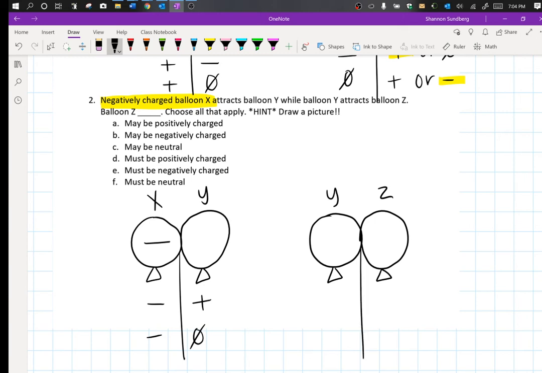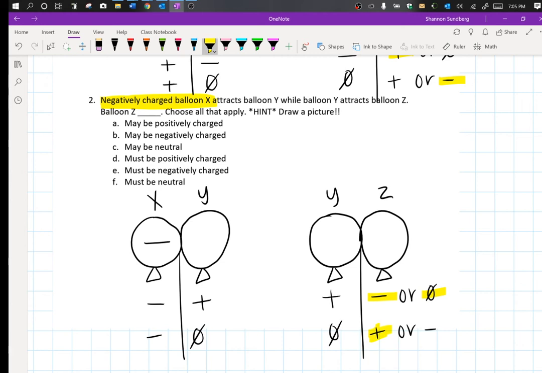If Y is positive, Z could be negative or neutral. If Y is neutral, Z could be positive or negative. So again, it's one of those situations where we don't really know what Z is. We know it could be negative, we know it could be neutral, but we also know that it could be positive.